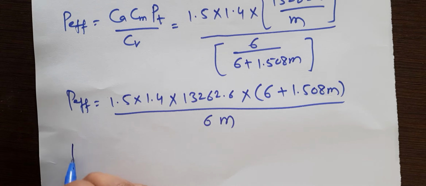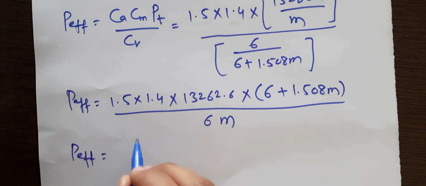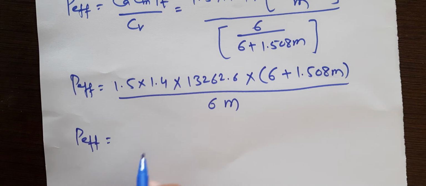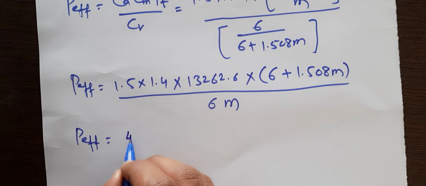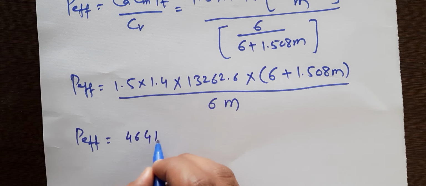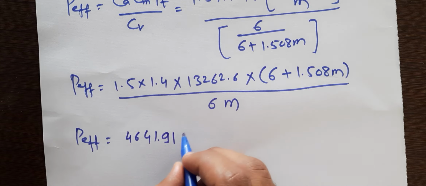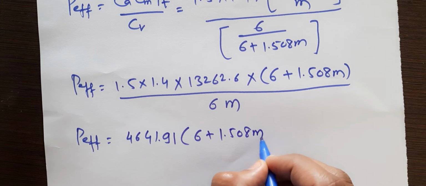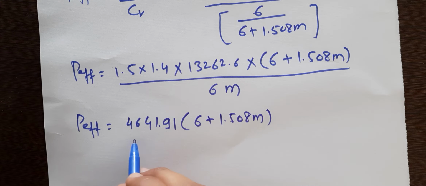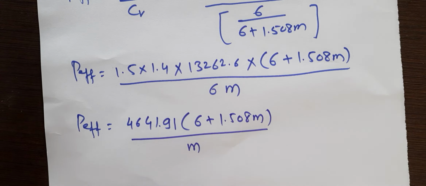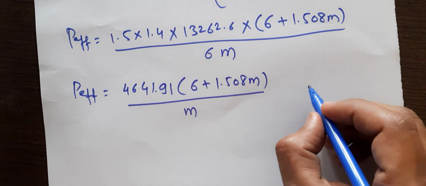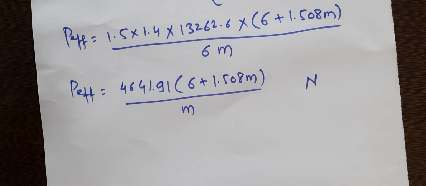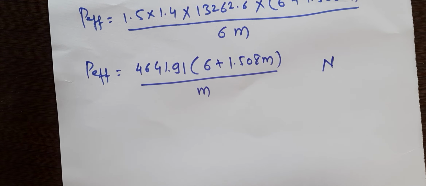So you will get P effective is equal to 4641.91 into bracket 6 plus 1.508 module divided by module. This is the simplified value of P effective, because we don't have module, so you cannot solve it further. Then after that you have to equate this module.